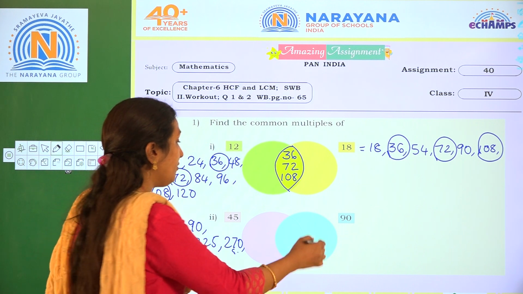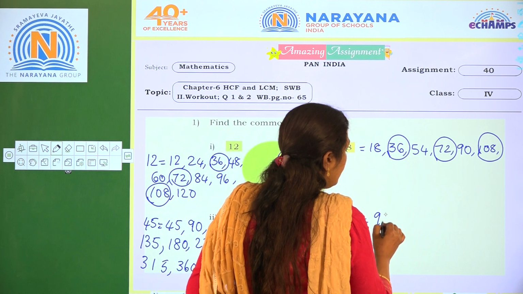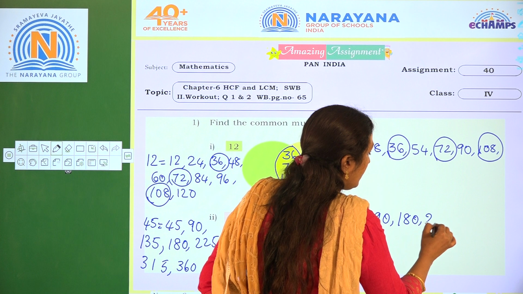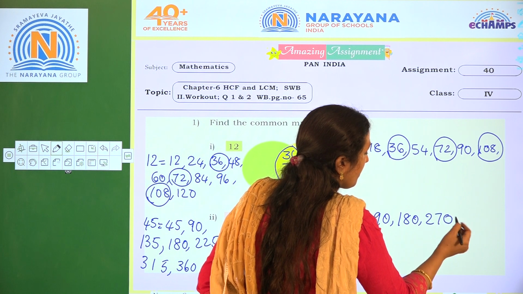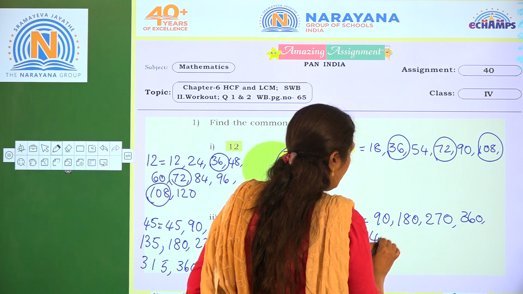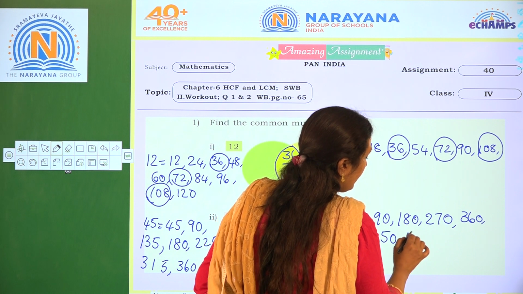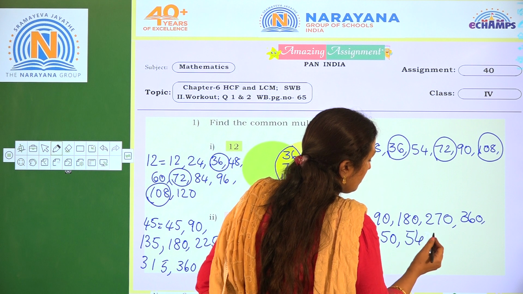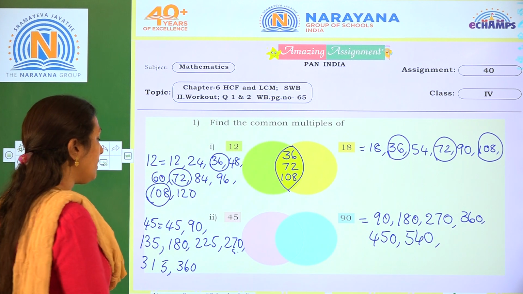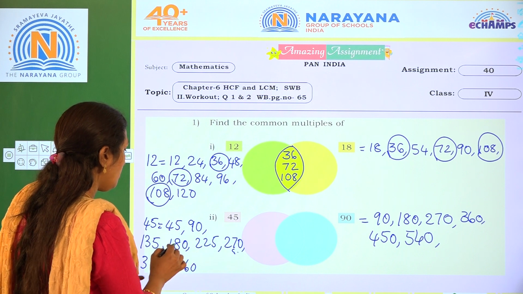Like here for 90: 90, 180, 270, 360, 450, 540. So what are the common multiples here?